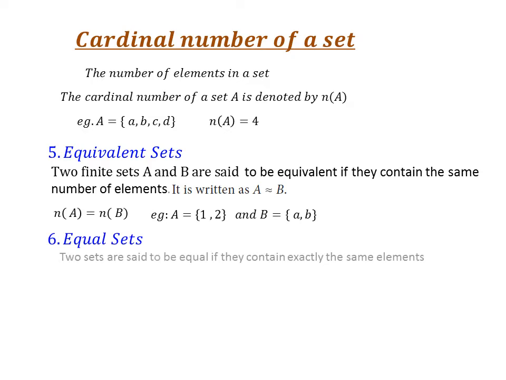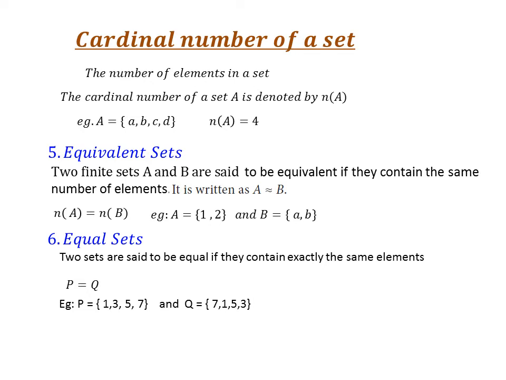Next one, equal sets. Two sets are said to be equal if they contain exactly the same elements. We can write P is equal to Q. P is equal to 1, 3, 5, 7 and Q having 7, 1, 5, 3.